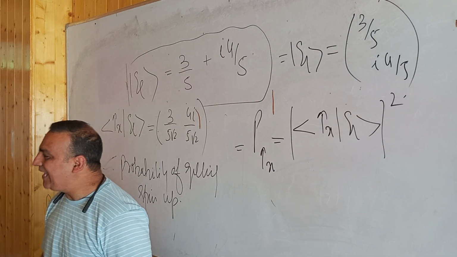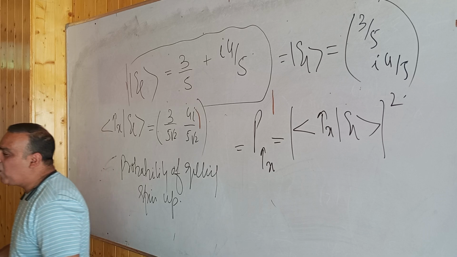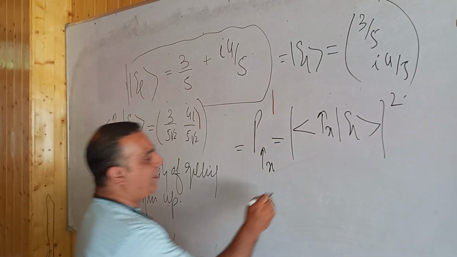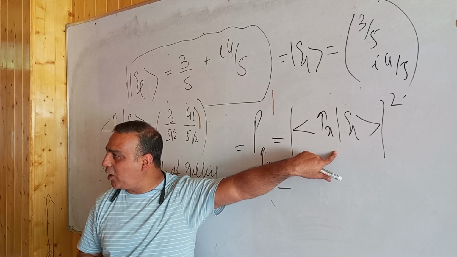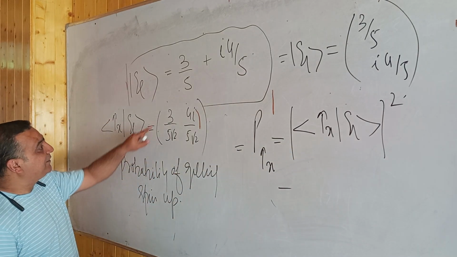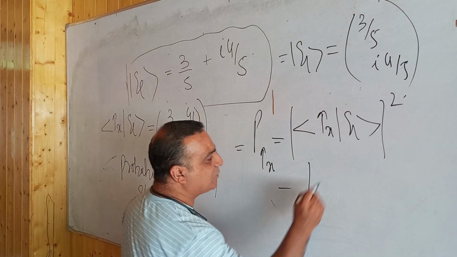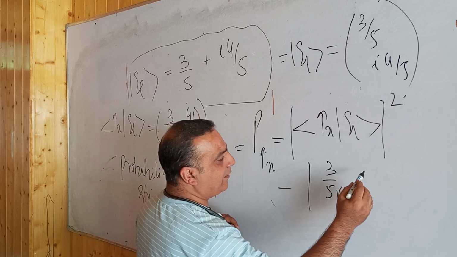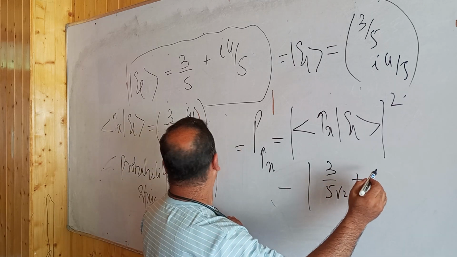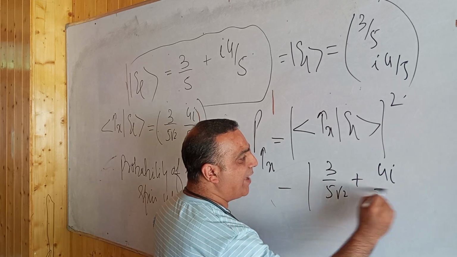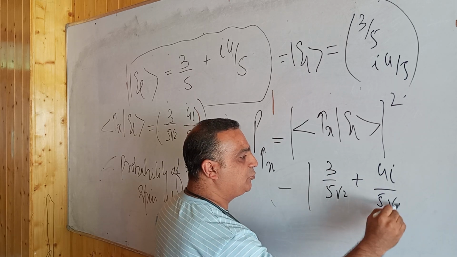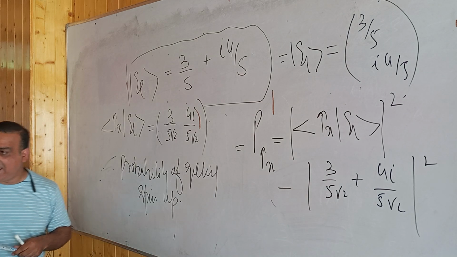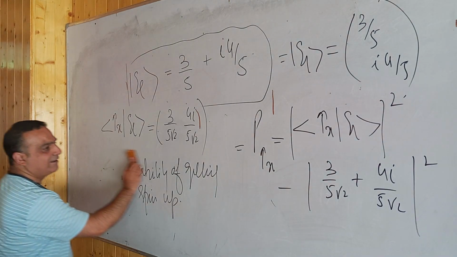The probability that the spin of this particle is along the positive direction of x. I have already calculated this inner product: 3 by 5 root 2 plus 4i by 5 root 2, whole square. Is this clear?